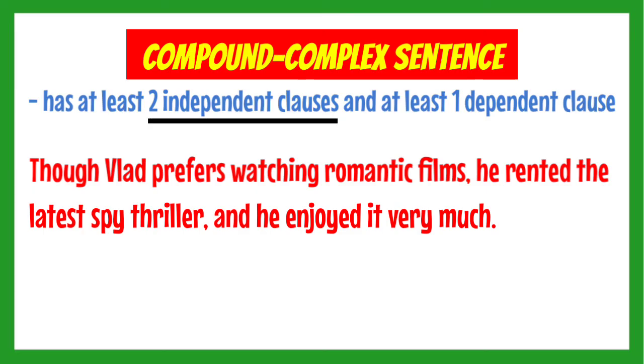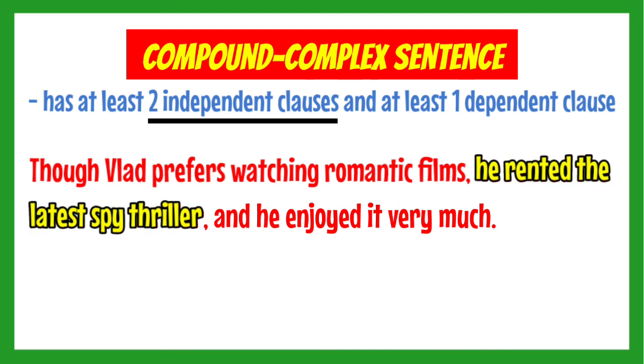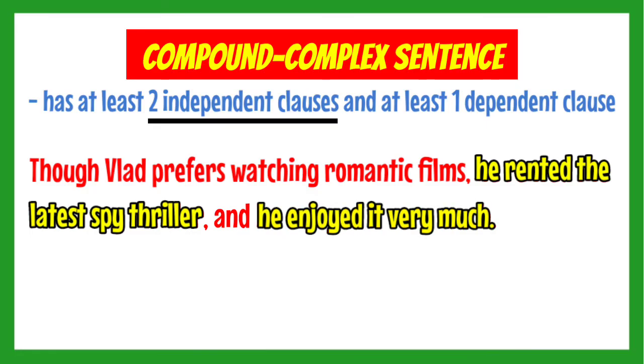Let us find the two independent clauses first. The first one is he rented the latest spy thriller, and the other one is he enjoyed it very much. As you can see, these clauses here can stand on their own as complete sentences, and they are joined by a coordinating conjunction, and.